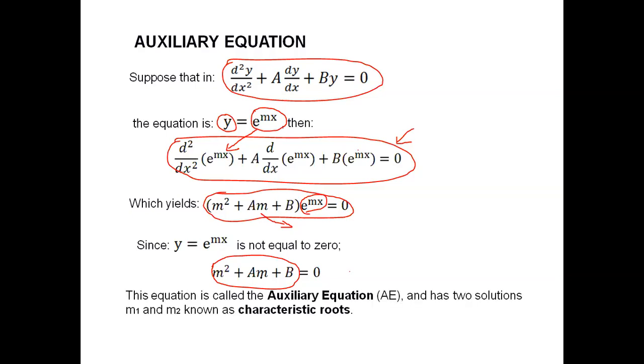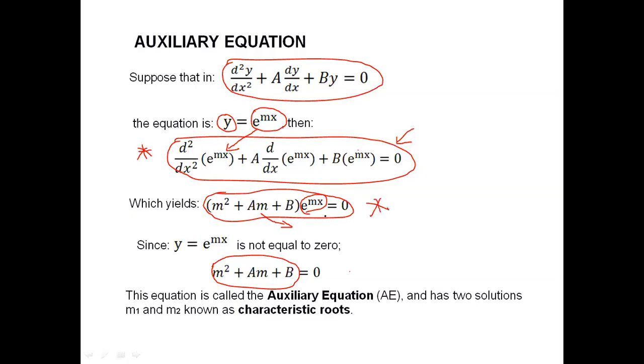So m squared plus am plus b equal to 0 is what we call the characteristic equation. I guess we've seen where it has come from. It started from the differentiation of this differential equation. We differentiated, then it yielded this equation.